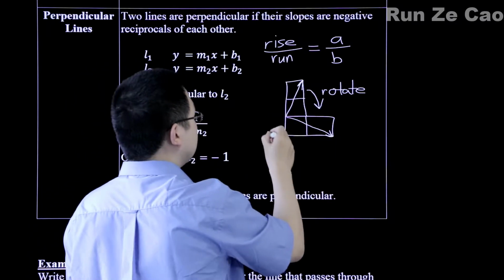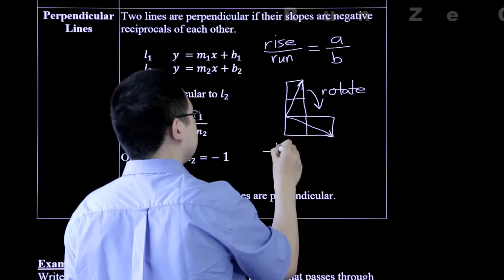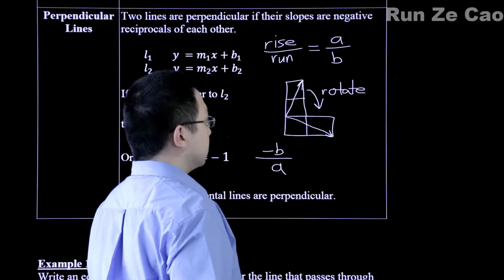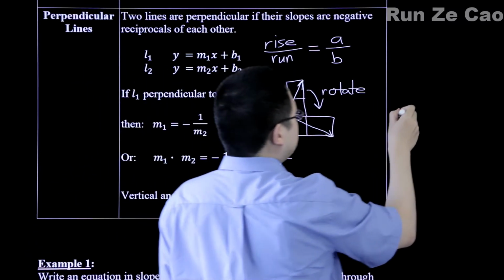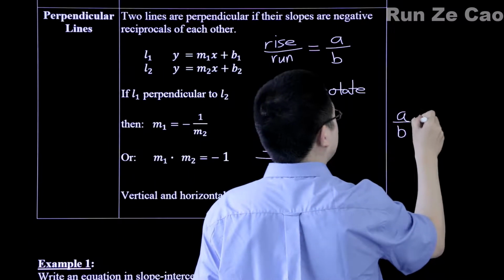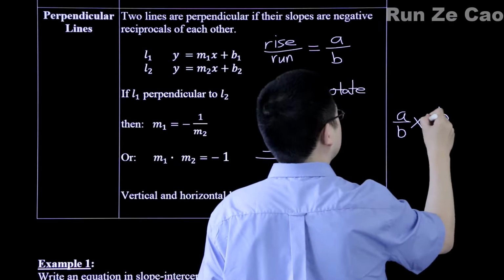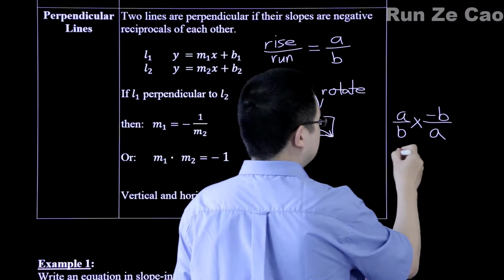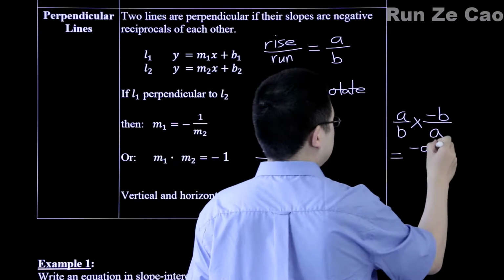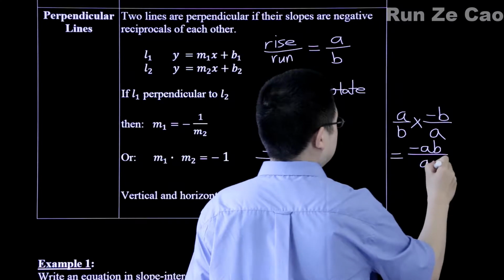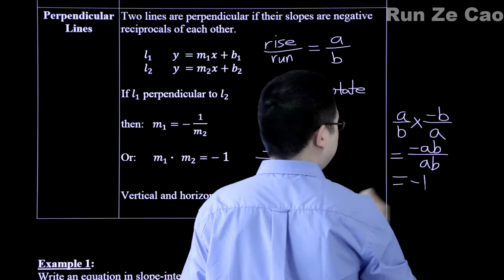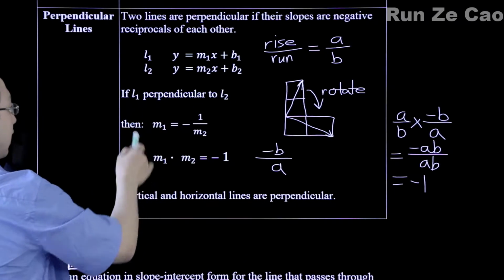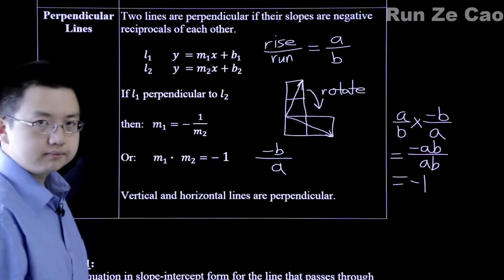So the rise would be negative B over, well, run is now A. So A over B times negative B over A, and this is equal to negative AB over AB. This equals -1. So you could do this test, or you can just multiply them together.